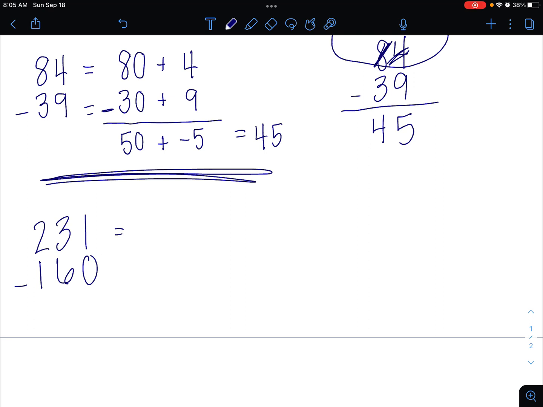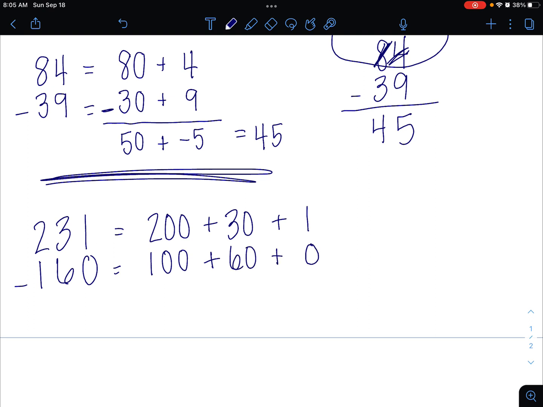So I'm going to break those numbers into pieces. 200 plus 30 plus 1, and then 100 plus 60. I have 0 in the 1 spot, so I'm just going to put it there. Again, I've lined it up by place value, and I'm subtracting even though we see that addition sign. So 1 minus 0 is 1.